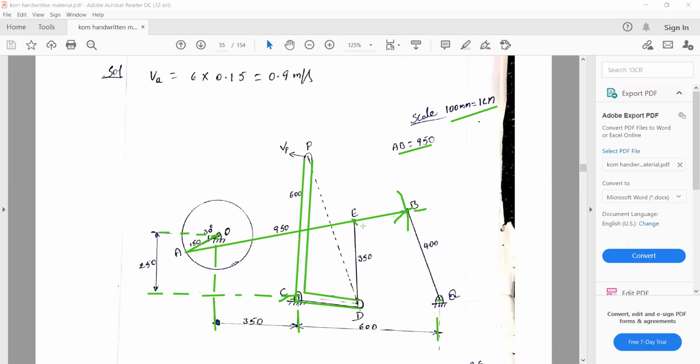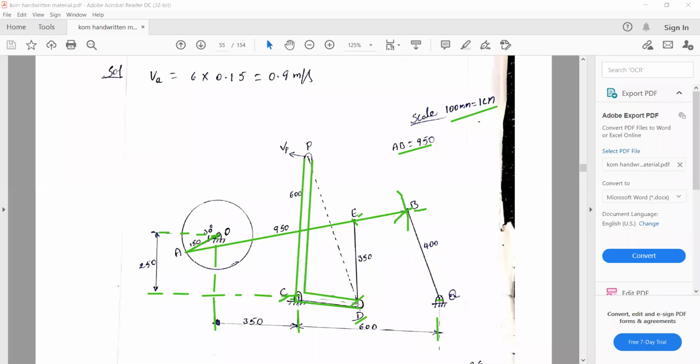Once you have identified the E position, take the compass and set the distance of 3.5 centimeters. Cut the arc from this place, a 3.5 centimeter arc.